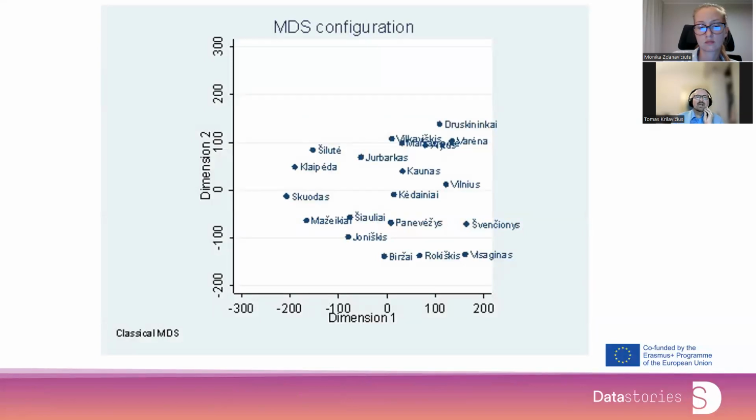I will show some examples which can be used maybe not necessarily for tourism data, but for example for maps. Quite often we can start not only from points in multidimensional space, but just from distances between these points.